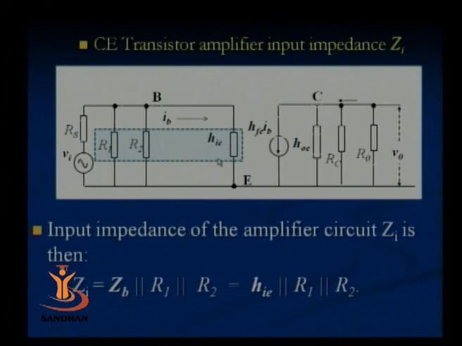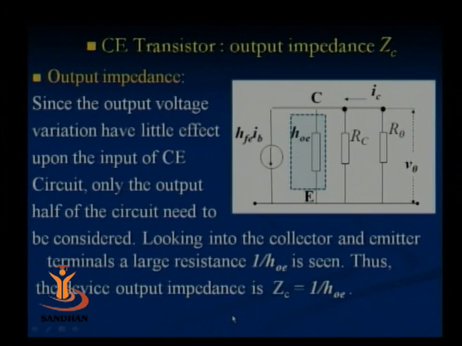We have HIE as ZB. It comes in parallel with the two biasing resistors R1 and R2. So the overall input impedance Zi of this circuit is ZB in parallel with R1 in parallel with R2. ZB is HIE here, so the input impedance of this circuit is HIE in parallel with R1 and in parallel with R2.